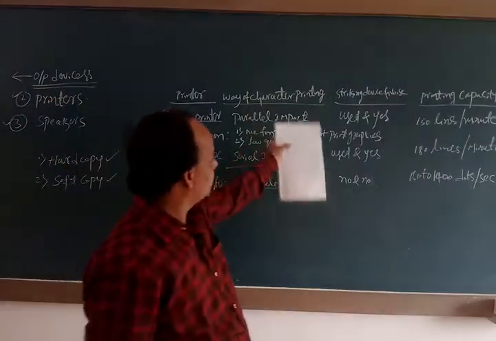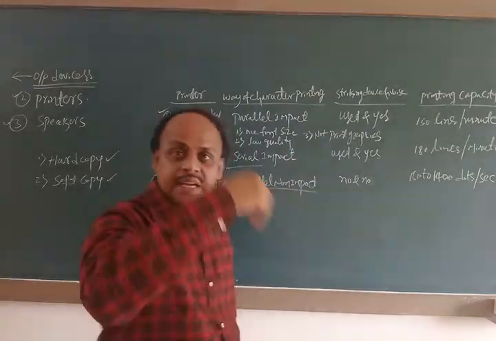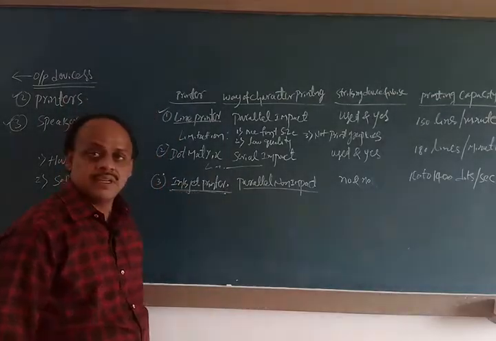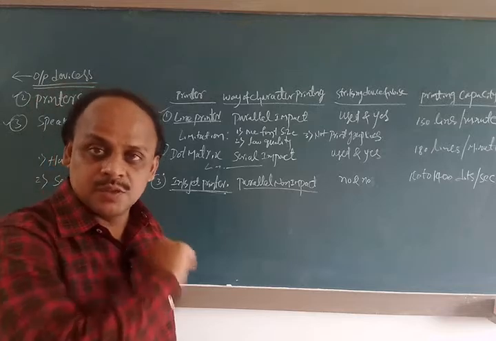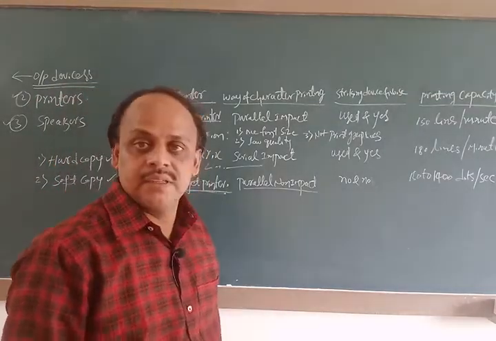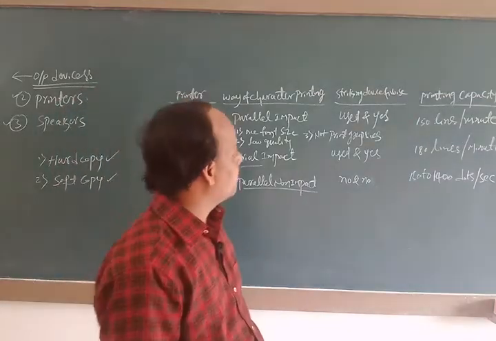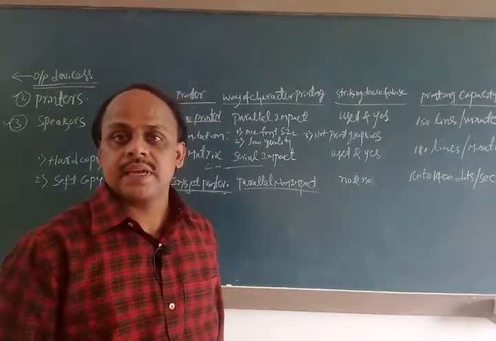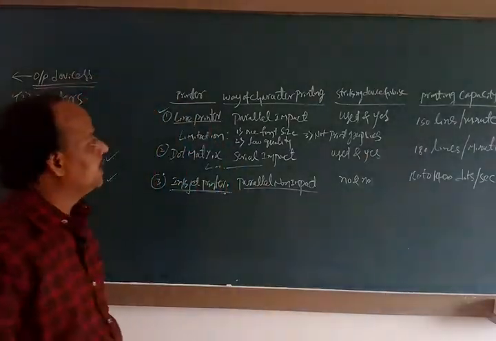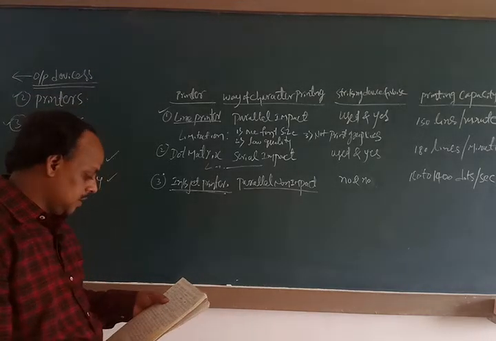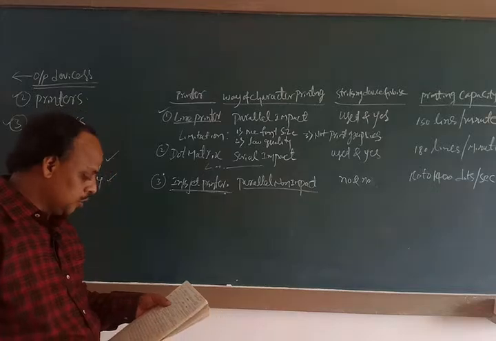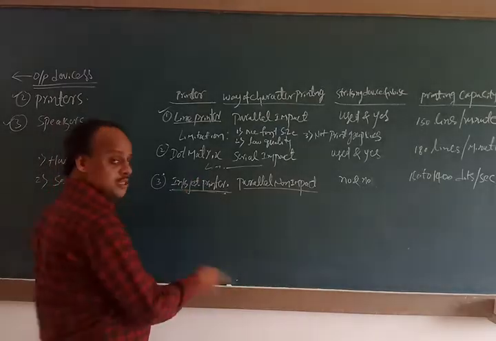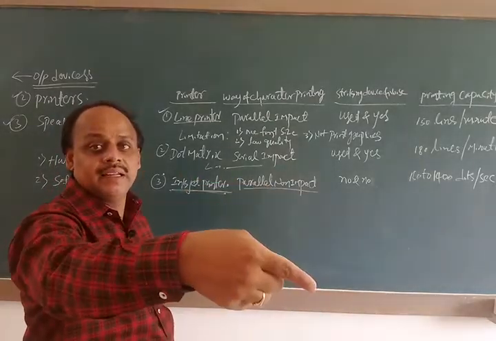And no striking device used, no noise, because inkjet comes under non-impact printers. The printing capacity is 150 to 1400 dots per second. And its limitation is that it is slower compared to the laser printer.